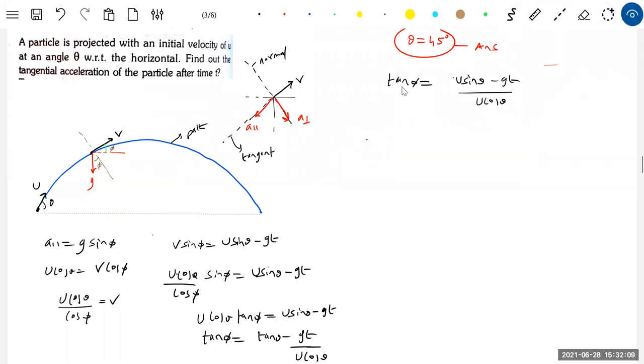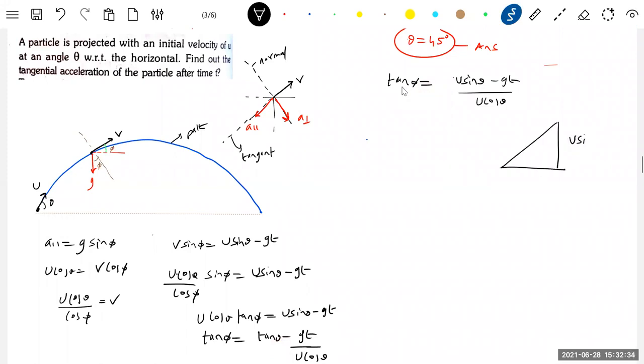Dividing these two equations, instead of all this, divide these two equations and get it. But somewhere this is also needed for us: find after what time the angle made by the velocity vector with the horizontal will become this much. Okay, this formula is very useful for us. That's why I just wanted to derive it. I kept it here. So now, sin phi, what you can write it as from tan phi.